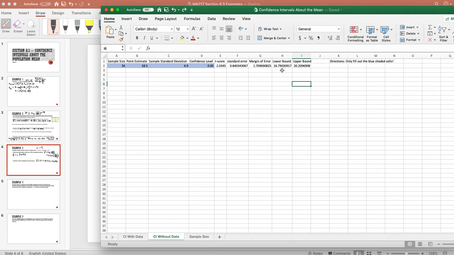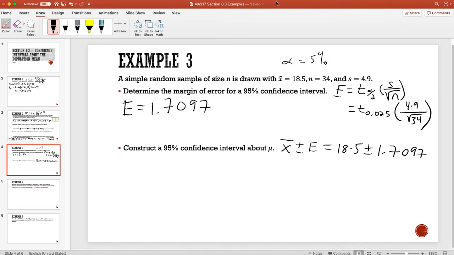So the lower bound will be 16.7903 and the upper bound of 20.2097.